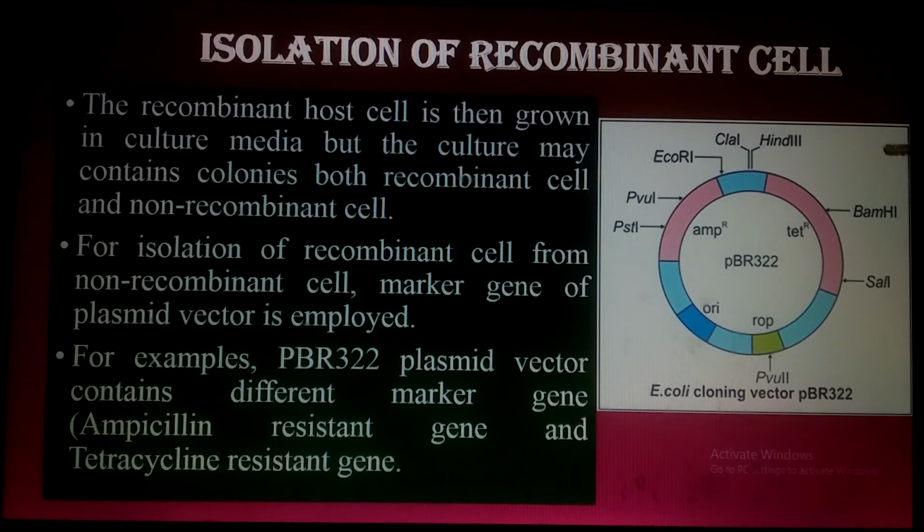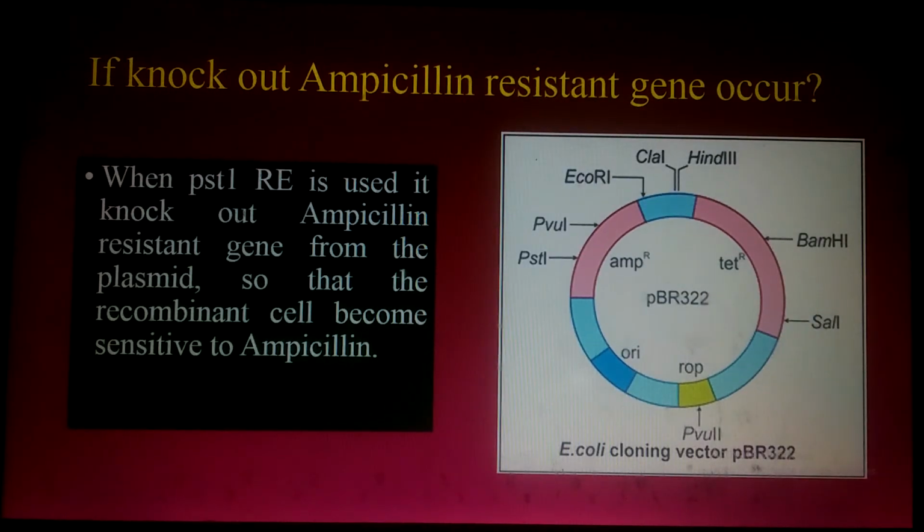Only the recombinant DNA containing bacteria will survive with the application of the ampicillin and tetracycline antibiotics. Others will die because the recombinant DNA contains the ampicillin gene and the tetracycline gene, which are responsible for the resistance to the antibiotic.